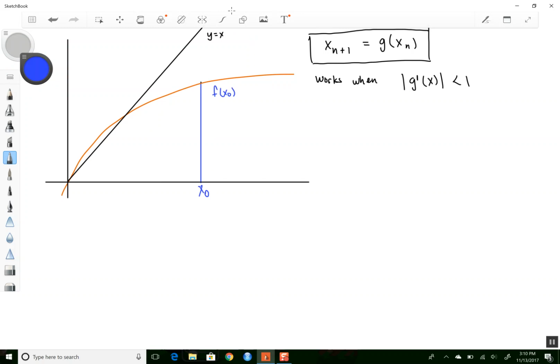is f at x0, right? And I'm going to come over and draw a line over here, we'll go this way. And this location right here is f at x0, right? And this spot right here, if I come down here, represents my next iteration of x.